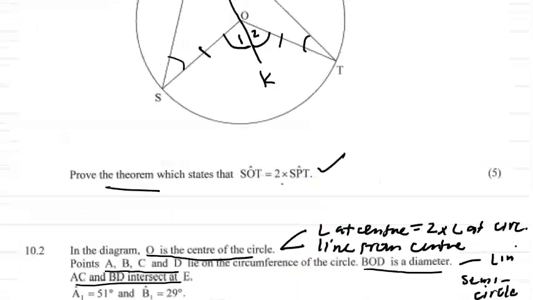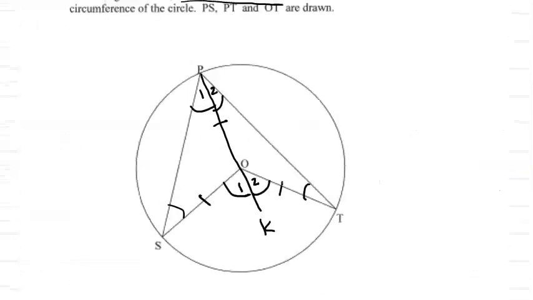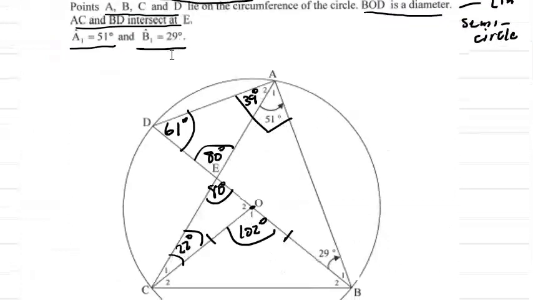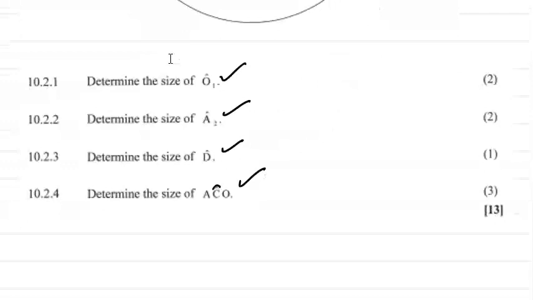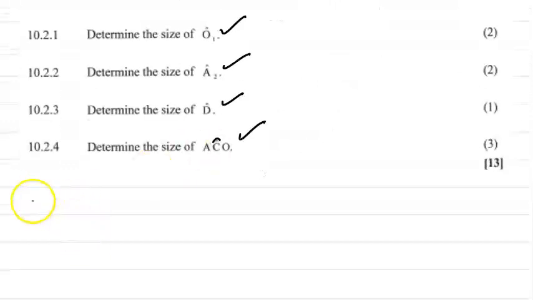Okay, so once again, remember, proof is on jlmaths.com, and the most important thing to remember in any proof is the construction. Now let's go and write down these solutions to this particular question. What is the size of O1? Size of O1, 10.2.1.